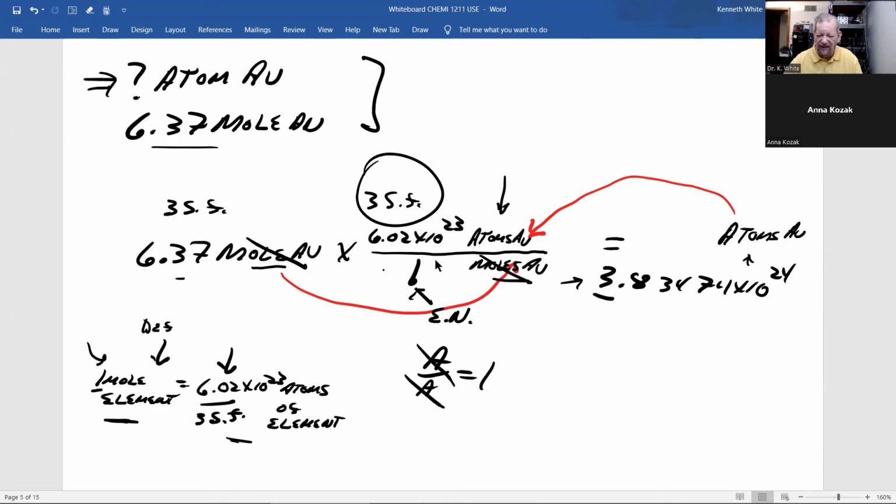So I keep the 3, keep the 8, keep the 3, and use the 4 to round off. Is that 4 or less? The answer is yes. So I drop all of this, and the correct answer is 3.83 times 10 to the 24th atoms of gold.